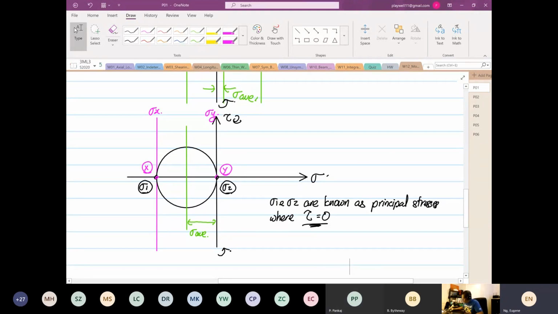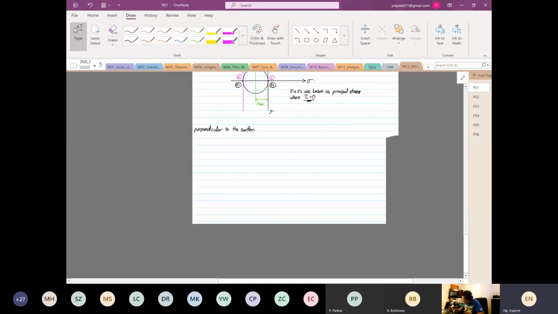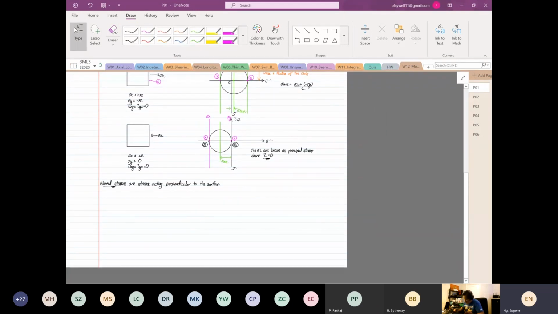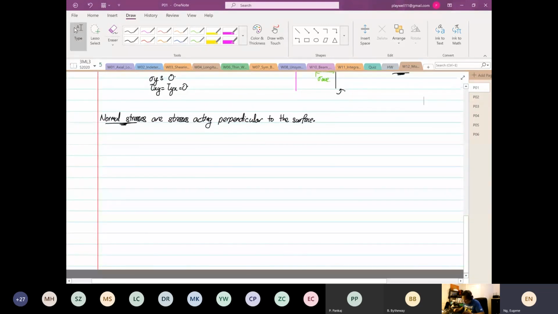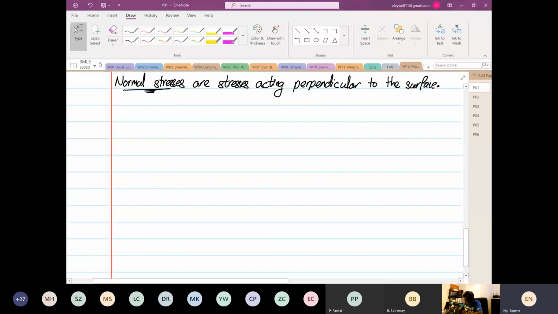So the next one we are going to look at is shearing stress. Shearing stress sounds familiar, yes or no?